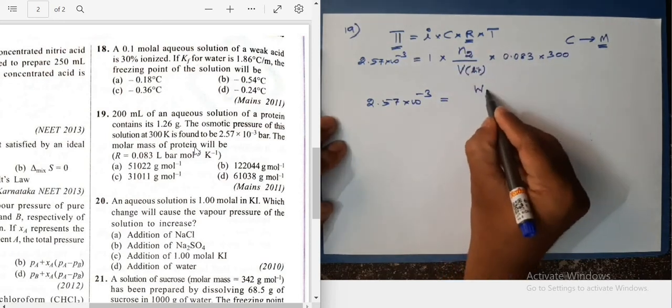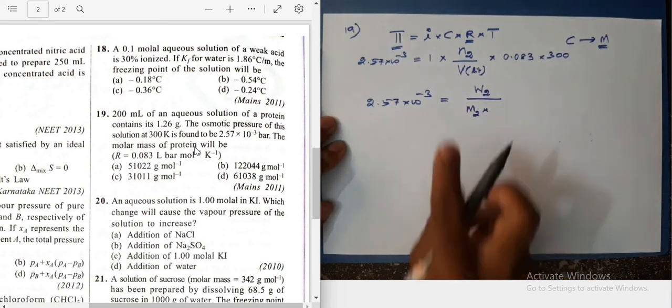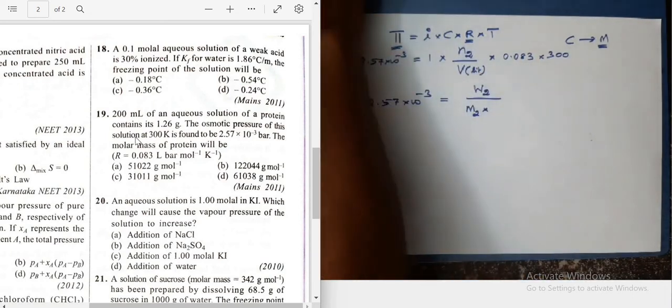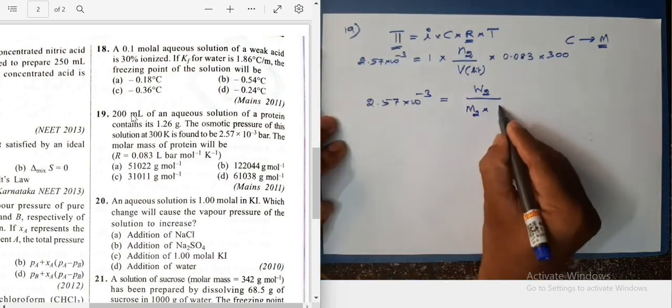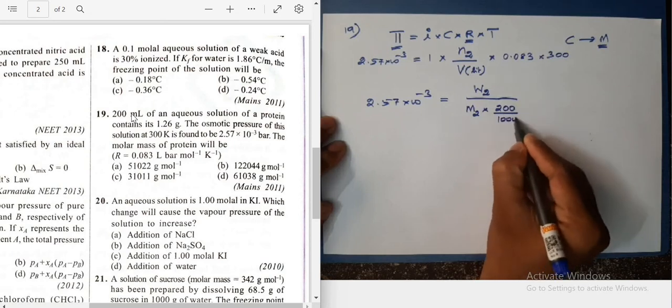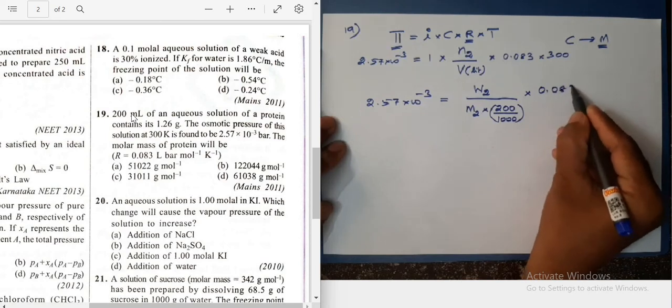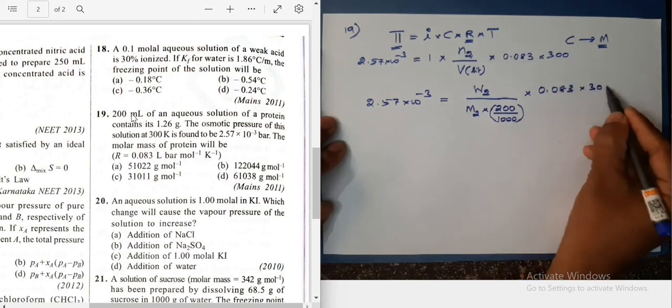What is meant by that? Mass of solute by molar mass of solute. That we know. Then the volume of the solution in liters. The solution is given in ml, 200 ml, so you should convert this into liters. Divide this by 1000, into 0.083 into 300.